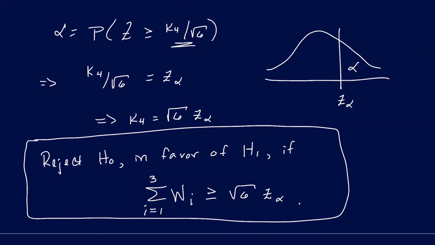Okay, so before doing part B, which is the tricky part, I want to jump to part C, because part C is just an extension of part A. So in part C, remember this test for part A was mu equals 0 versus mu equals a fixed mu1, where mu1 is greater than 0. And in part C, we want to find a uniformly most powerful test for this null hypothesis versus that mu is greater than 0.